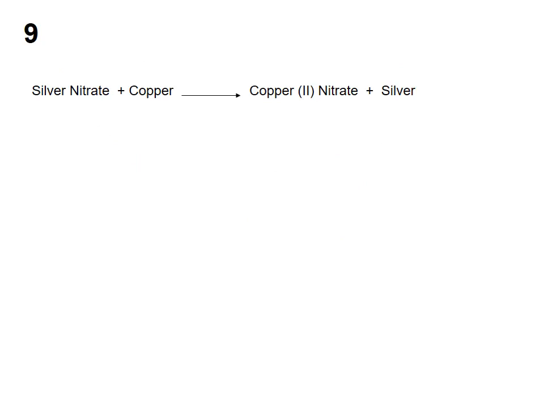And number 9, we have silver nitrate. That's a compound, so we know silver is plus 1, nitrate is minus 1. Copper is an element. Copper 2 nitrate is a compound, so we know that's going to be plus 2. It's going to be minus 1, and then we have silver as an element.